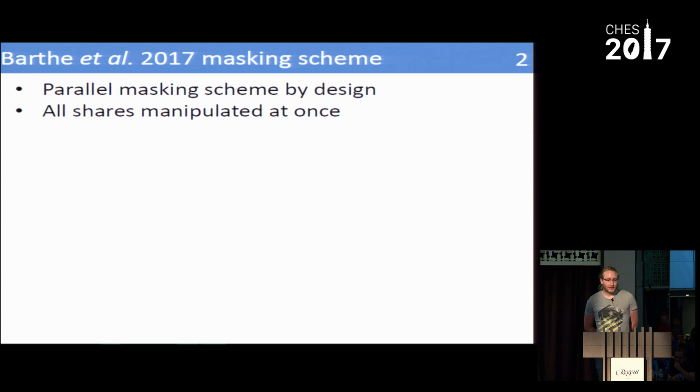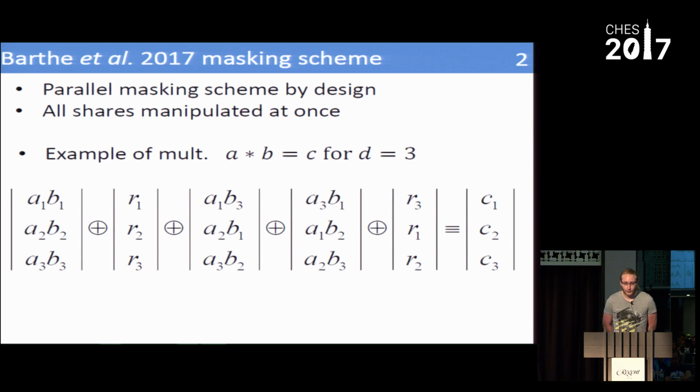So the bar-total masking scheme is a scheme recently introduced at Eurocrypt 2017. I will only speak about its main features, which is to handle all the shares in parallel. Instead of, for example, ISW, where we do computation of the shares at different cycles in time, here we manipulate all the shares at once. To illustrate that, I give the example of the multiplication of this scheme for d equal 3 shares.